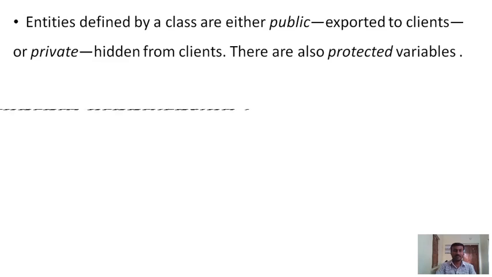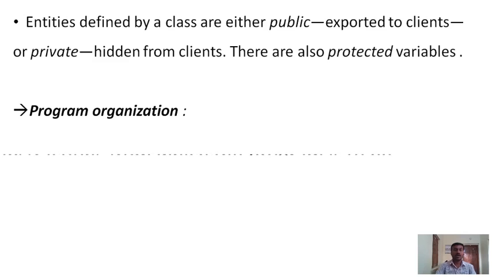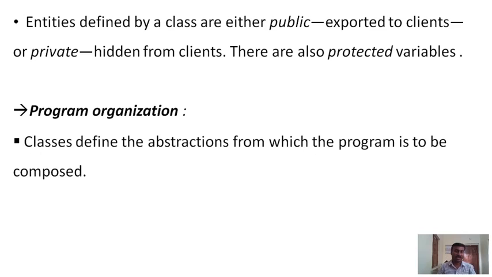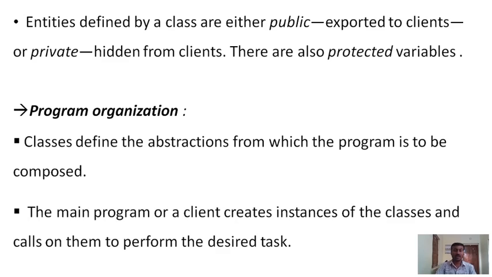So this is the concept we discussed in encapsulation in C++. Then what is program organization in C++? It means how programs are organized, with the help of classes that define the abstractions from which the program is to be composed. The main program or a client creates instances of classes and calls on them to perform the desired task.